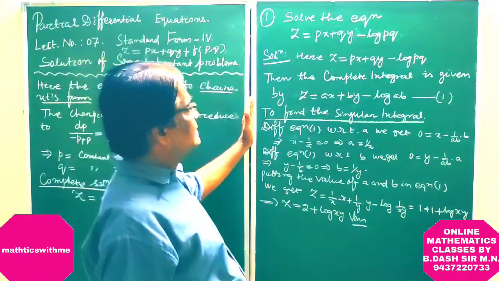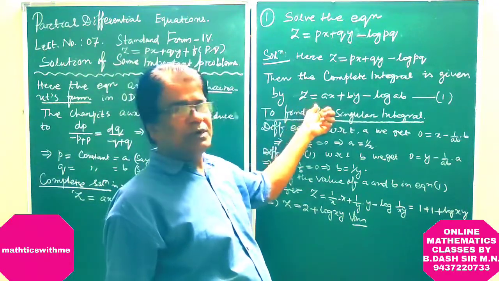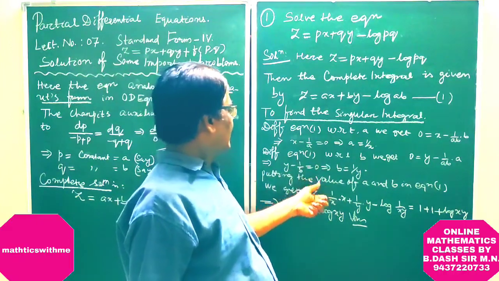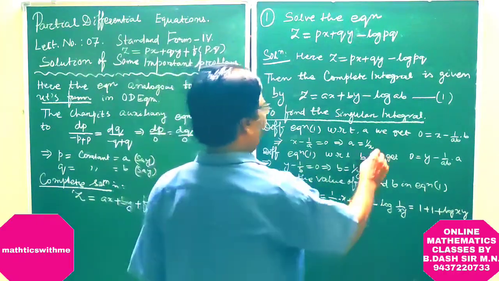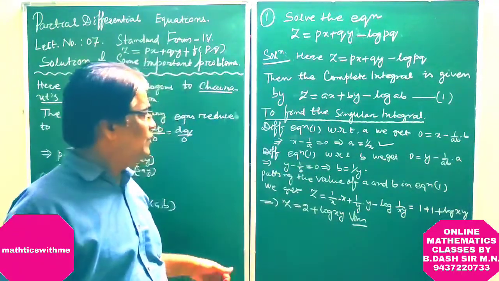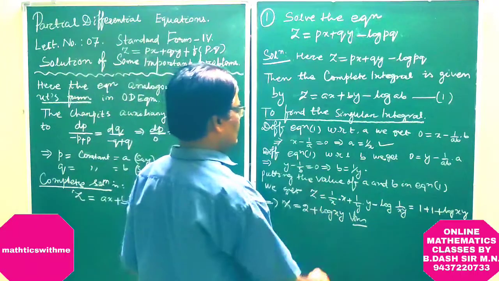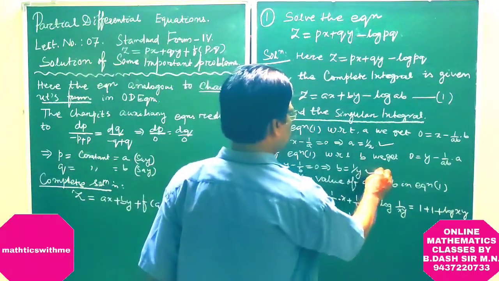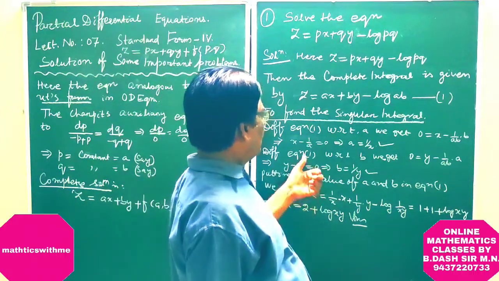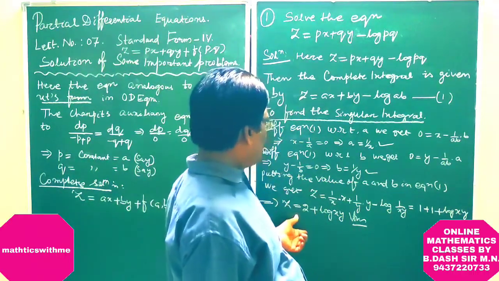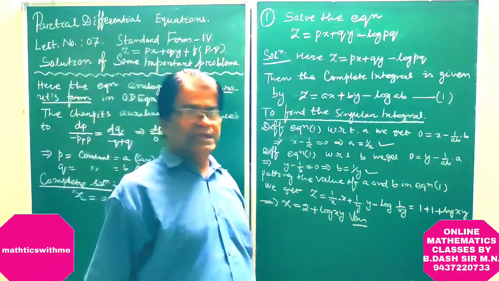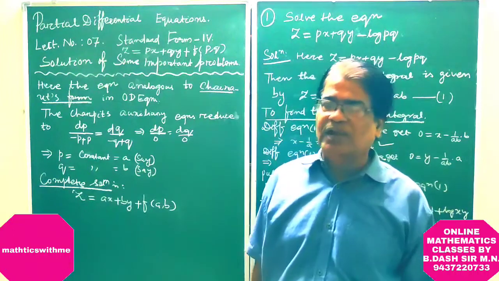In order to find the singular integral, we have to differentiate equation 1 with respect to a first, and we get the value of a here. Again, differentiating equation 1 with respect to b, we get the value of b here. This is 1 by y, a is here 1 by x. Now putting the value of a and b in equation 1, after simplification we get z equal to 2 plus log of xy, which is the singular solution.